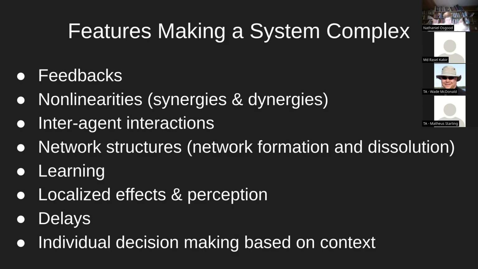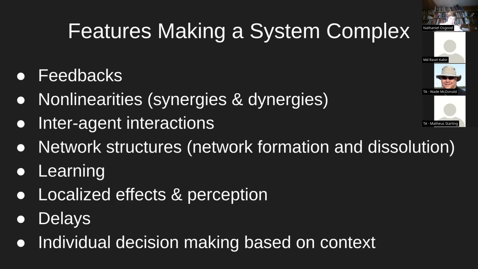They're whispered to in associational models needing interaction terms, but it's much more complex. There are network structures, learning effects, localized effects, pronounced effects of delays that make understanding the effects of an intervention hard to assess. And sometimes that means an intervention is declared ineffective before it's even had natural time to take effect.